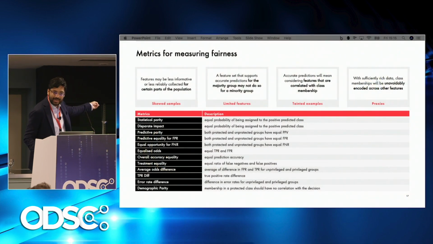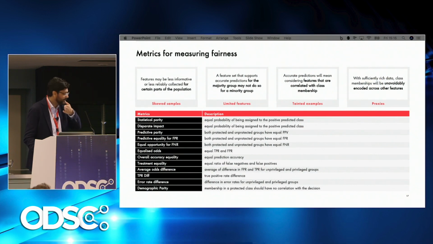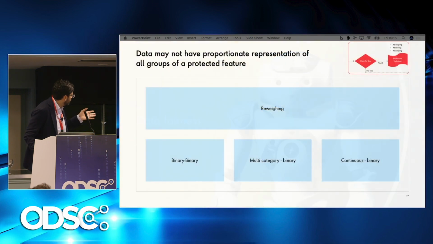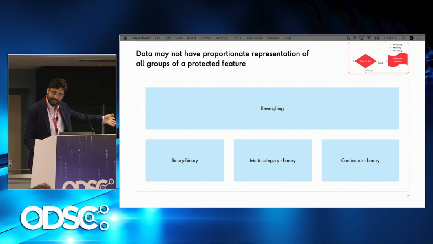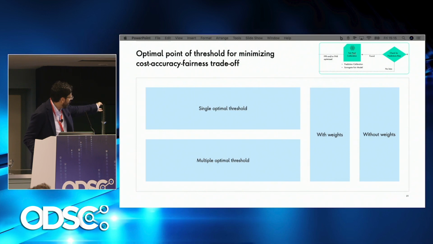Did we see statistical parity, disparate impact, predictive parity, all those 9 metrics on the bar graph? Did we see the reweighing method for binary? We saw it for binary, the first box. Did we see optimal threshold, single and double, 2 different thresholds for male and female, different thresholds for cost and everything?